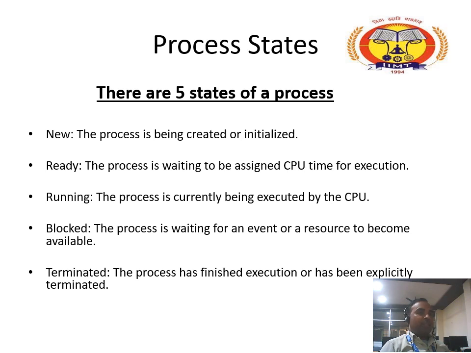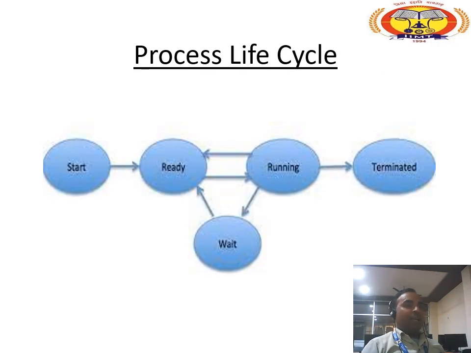We can understand it with the help of a block diagram that I have discussed here in front of you. There are 5 states. The first state I have discussed here is start. Start means the process is being initialized, the process is being created, and after that it goes to the new state, as I discussed in my previous slide.